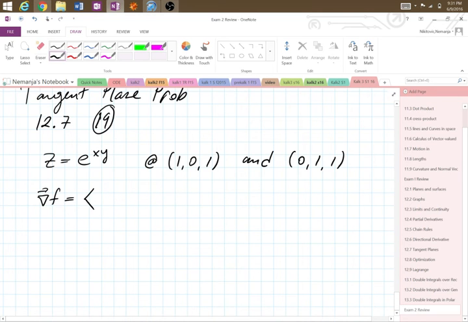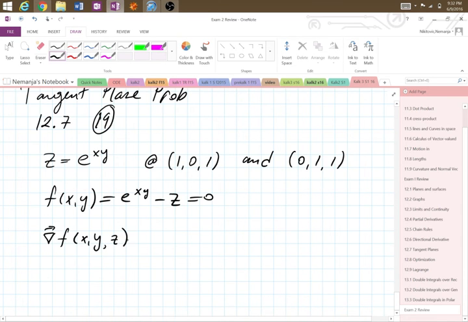Actually, sorry, let's first write the function in a form. f of x, y, z is going to be e to the xy minus z equals 0. So now del f: what do we have?